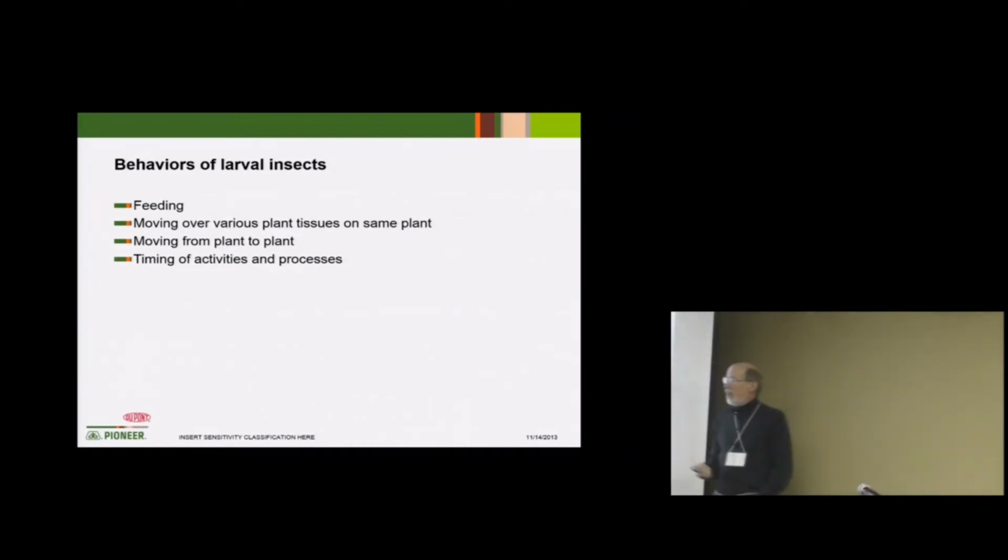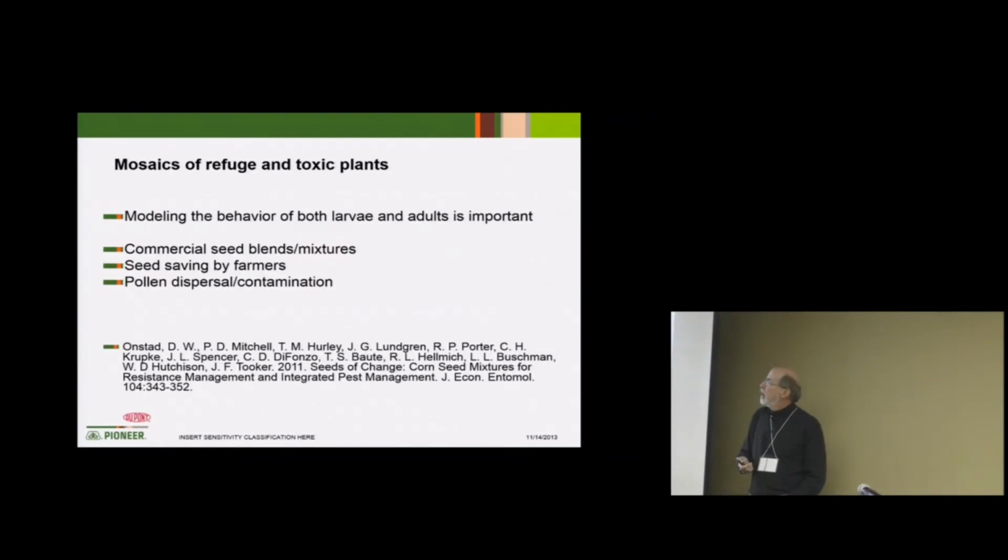And of course, timing of all these is important. We're putting out mosaics. Sometimes, in theory, we say mosaics are bad, particularly if they're mosaics of two different toxins, because it's possible that the insect would essentially evolve resistance to both simultaneously, and there wouldn't be redundant killing. But often what we're doing anyway is creating a mosaic, even if we're not trying to.